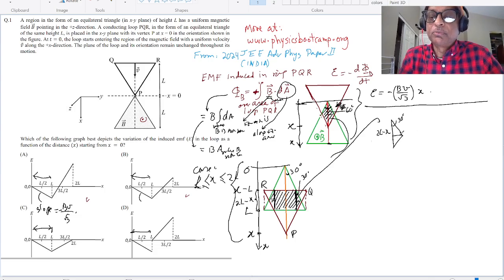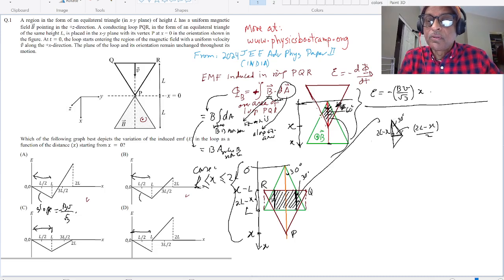So this will be 2L minus x over 2. So we're looking at that triangle now. In that triangle, 2L minus x over 2 times tangent 30 degrees, which is 1 over square root of 3.